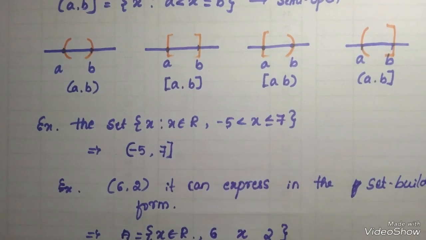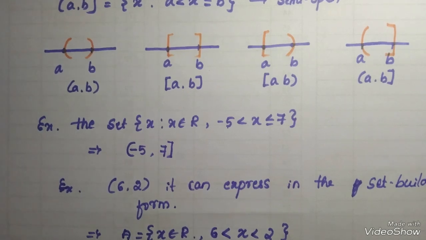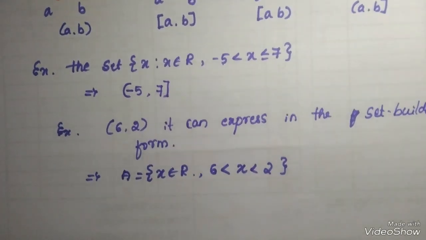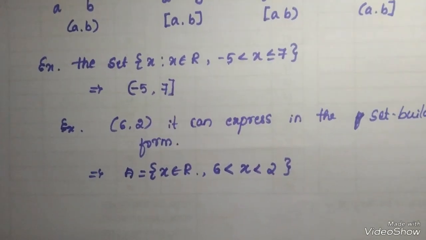After that check the interval. Here there is an open interval, therefore we write less than condition. Here also open interval, we write less than condition. This is the set builder form when they are given in the form of intervals. Now the next concept is power set.